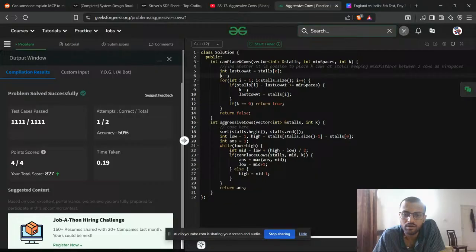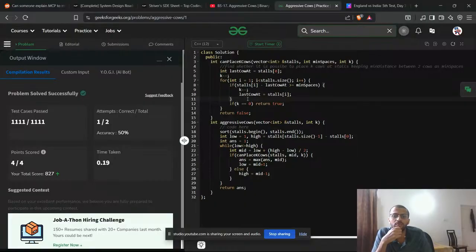Not n, it's k cows, right? Minimum of n comma k, still I'll go with n only. So order of n into order of log of max minus min, plus order of n log n.